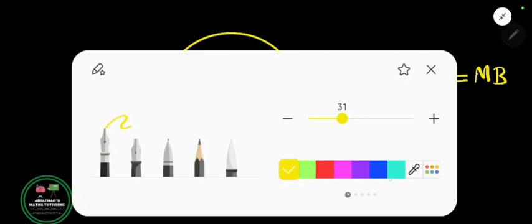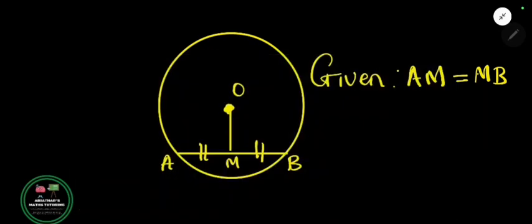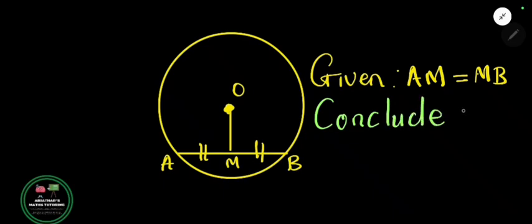Then you are allowed to say that if AM is equal to MB, then I can conclude that OM is perpendicular to AB. By making that conclusion, you simply mean that now you can conclude that your angle there is 90 degrees.